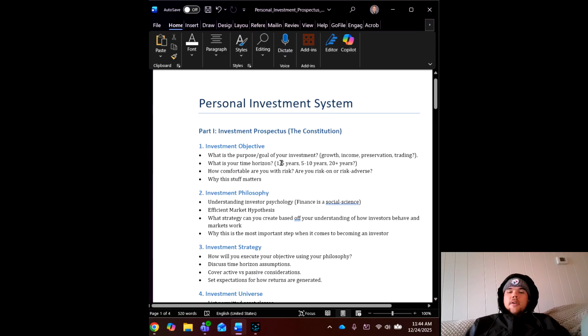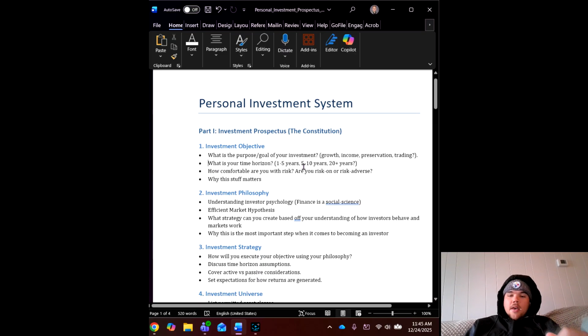Your investments might vary a little bit since it's such a short time horizon. Or is your time horizon even shorter term? You're just trying to make extra income, so your time horizon might be 6 months, 1 year, 2 years in that short time frame.